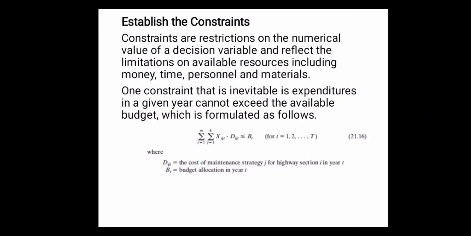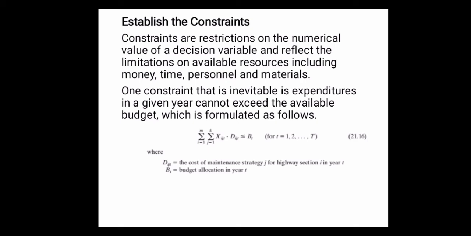Next is to establish the constraints. Constraints are restrictions on the numerical value of a decision variable and reflect the limitations on available resources including money, time, personnel, and materials.